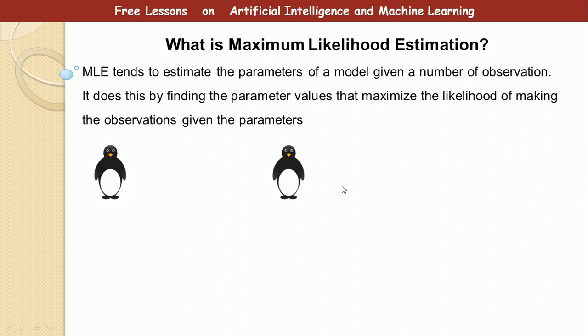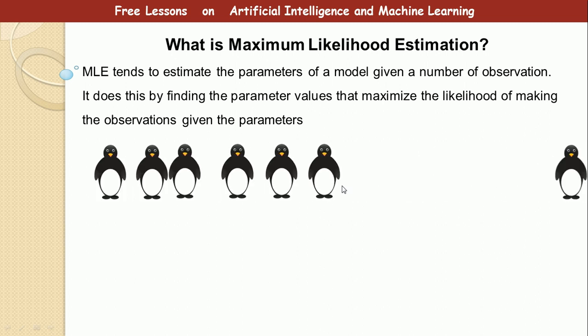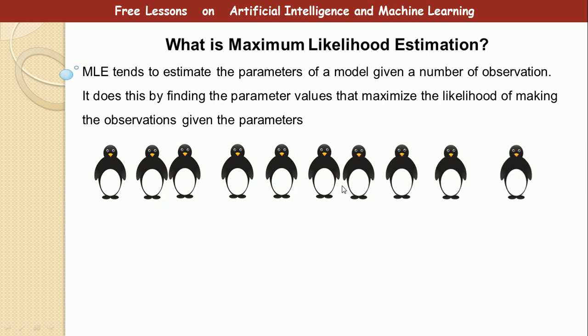So let's assume you have 10 beds that you've measured. This is your sample of heights of these beds, h1 to h10. Now you want to find the parameters of the distribution or the population.